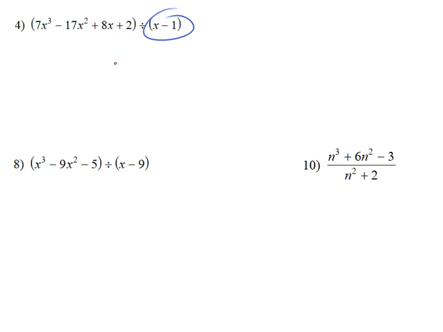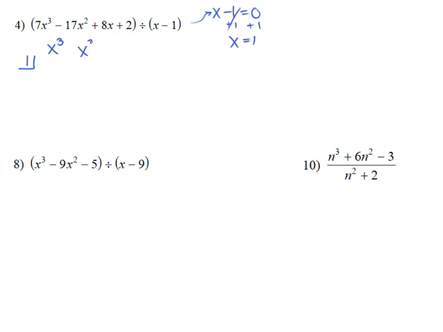So what we need to do, again, to find the number that goes in our box is find the 0 of my divisor. So if I set this thing equal to 0 and solved by adding 1, we'd get positive 1. So that's the value that goes in that box in the top left. Next, we look for the highest degree in our dividend, which is x cubed.